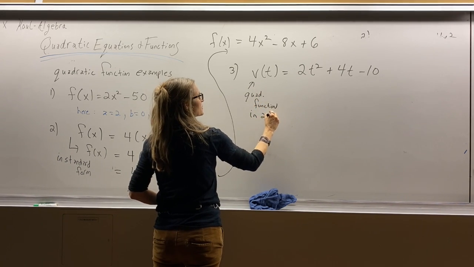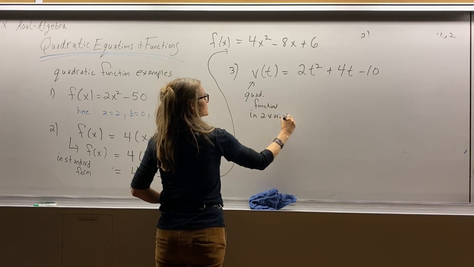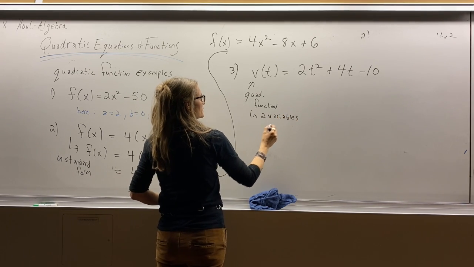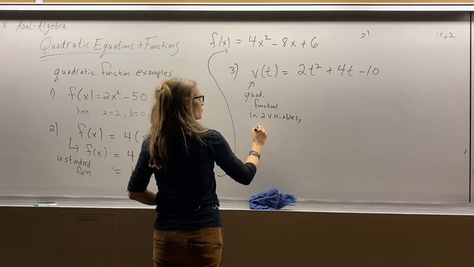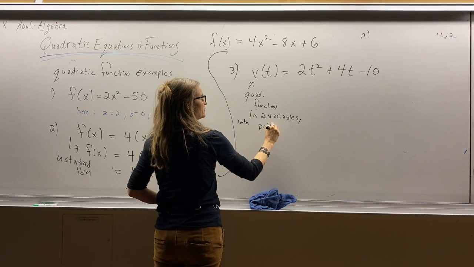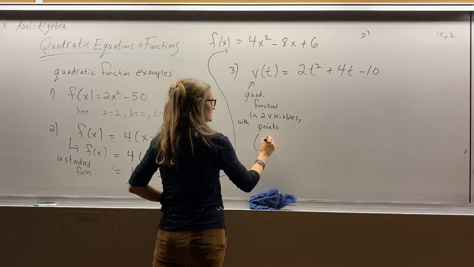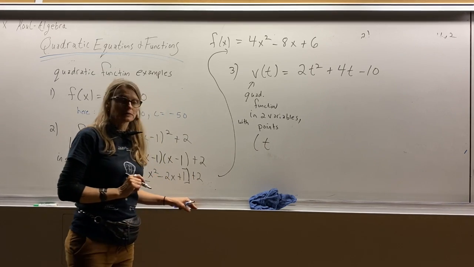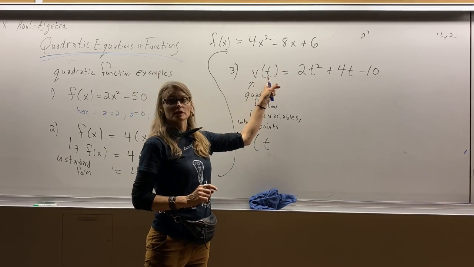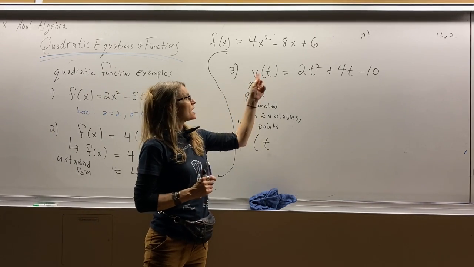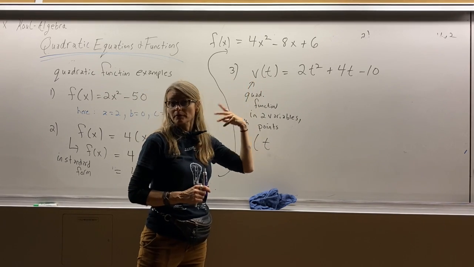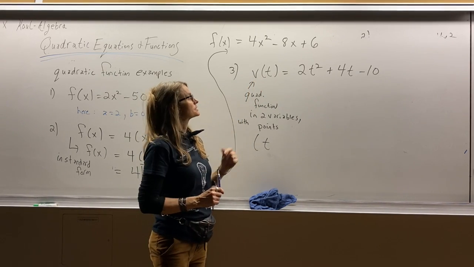The only difference is the ordered pairs, the points that make up this function, will be in terms of t. Time is usually what we use. We say velocity as a function of time, where time is measured in seconds, and we can figure out how many meters per second an object is going.